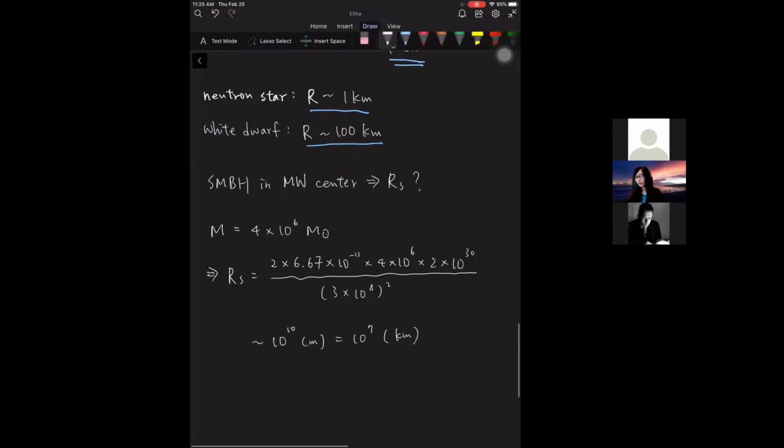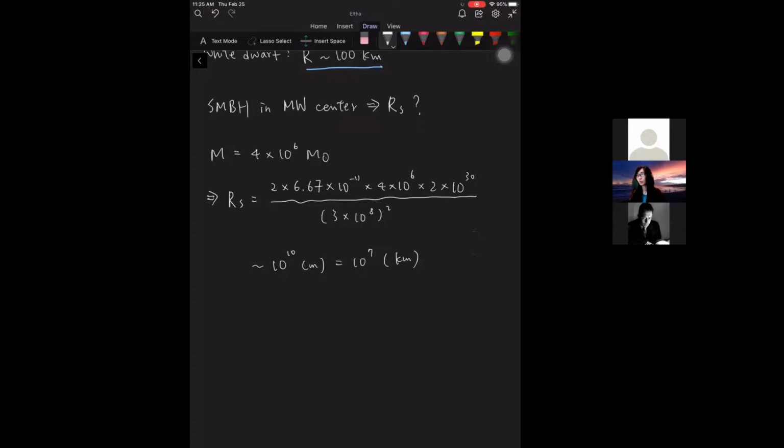So we'll convert this unit to astronomical units. We know that the Sun-Earth distance is 1.5 times 10 to the 8th kilometers. So to convert to AU, we just divide by this number.